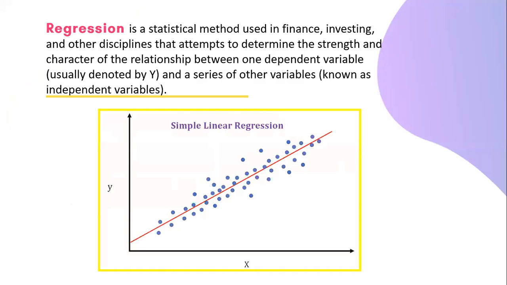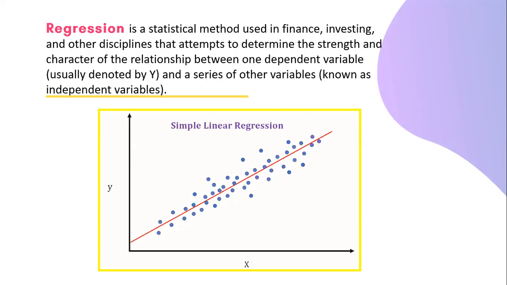And the whole idea of regression is that it helps identify a relationship between one dependent variable and one or more independent variables. Usually the dependent variable is known as y, the y variable, and the independent variable is known as the x variable.